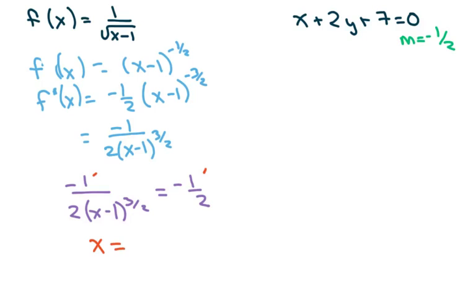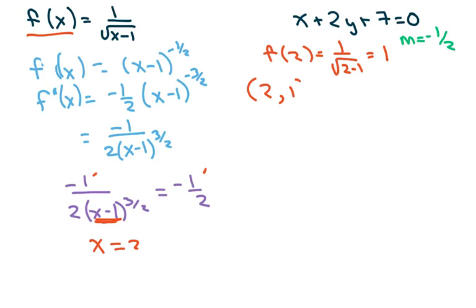Because if x is 2, then you get a 1 here, and 1 times 2 would be 2. So when x is 2, I plug it back in: f of 2 equals 1 over the square root of 2 minus 1, and that equals 1. So our point is 2, 1.